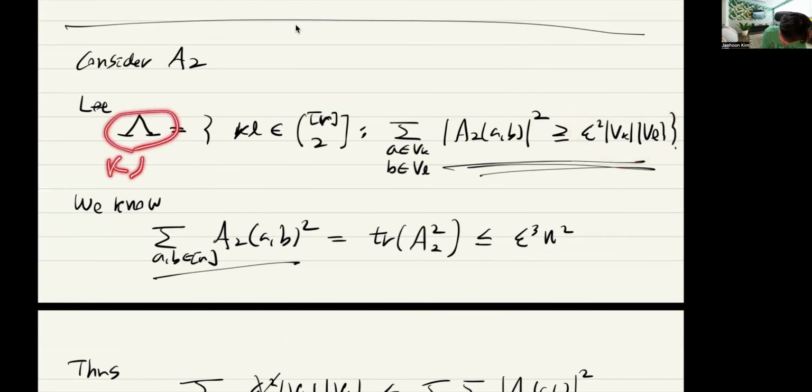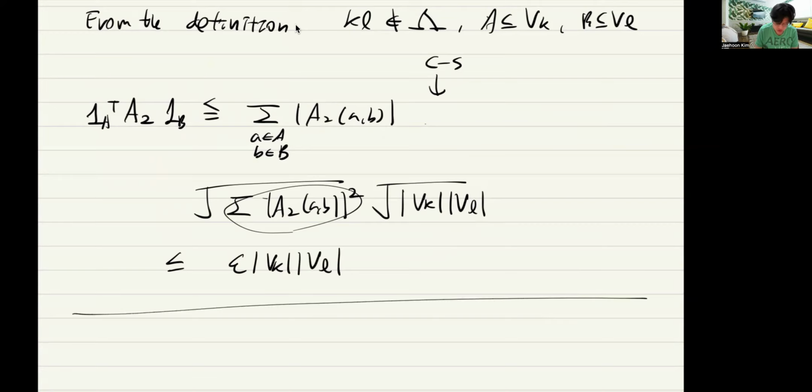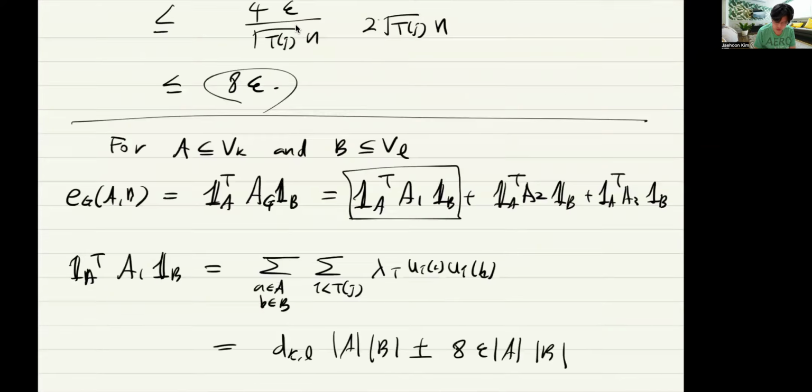So we assume KL is not in capital lambda, so this inequality goes this way. So you get epsilon squared times the size of B times the size of B inside of there. So you get epsilon times VK and VL. So that shows that this second term is smaller.